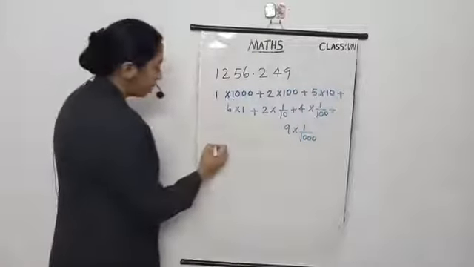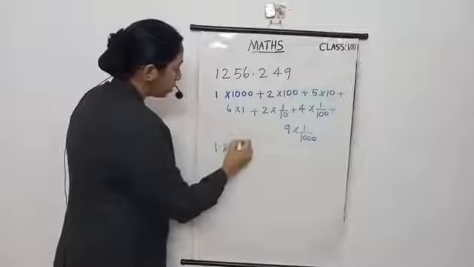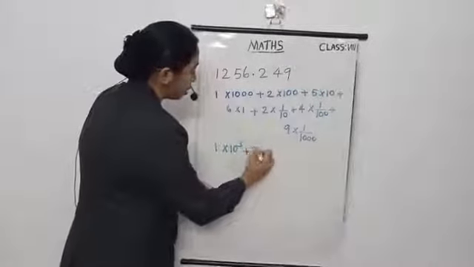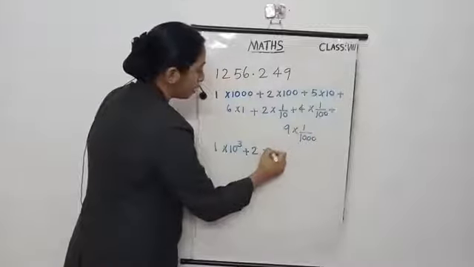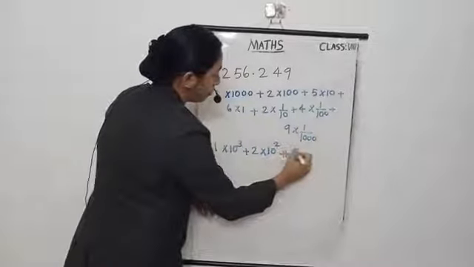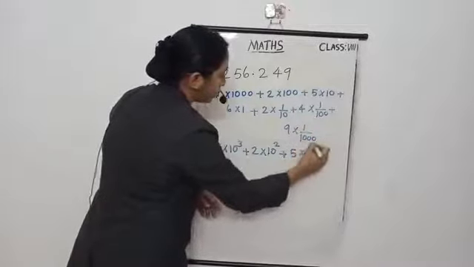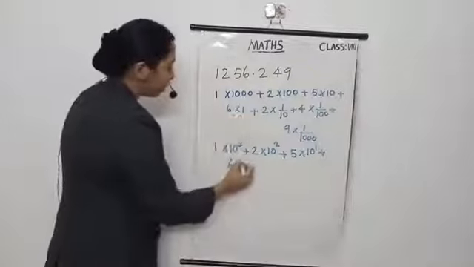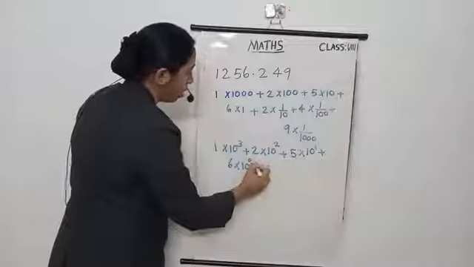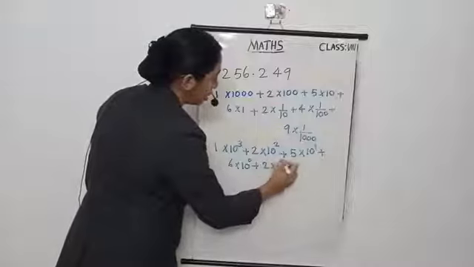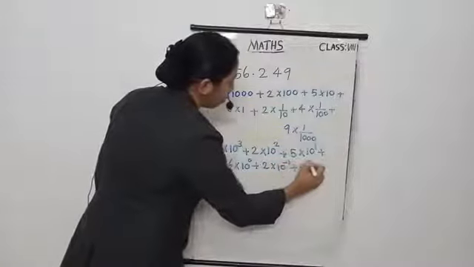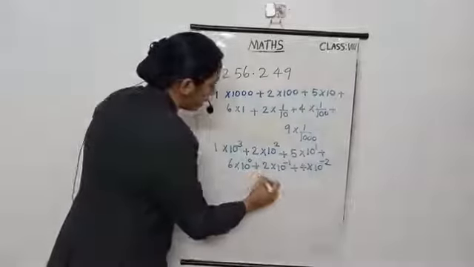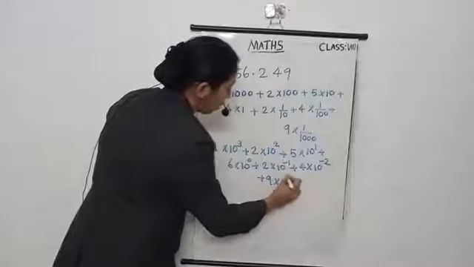Okay. Now this is equal to 1 into 10 raised to 3 plus 2 into 10 raised to 2 plus 5 into 10 raised to 1 plus 6 into 1, we need to write 10 raised to 0, plus 2 into 10 raised to minus 1 plus 4 into 10 raised to minus 2 plus 9 into 10 raised to minus 3.